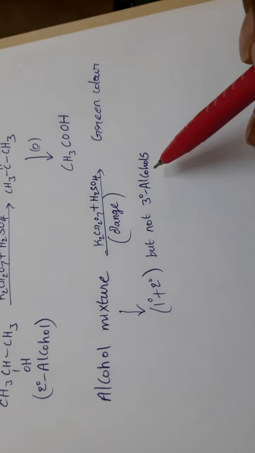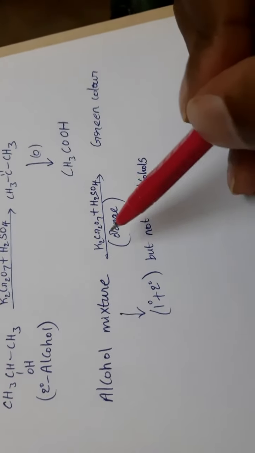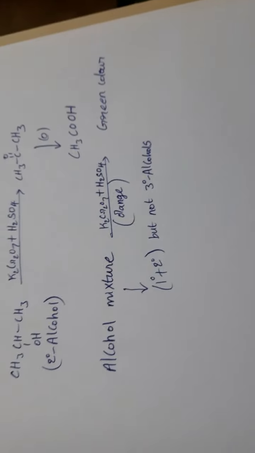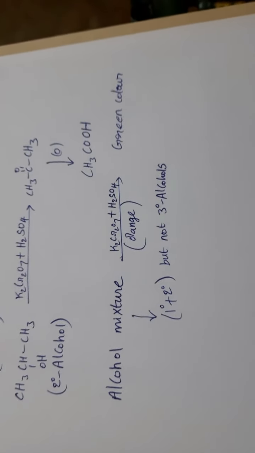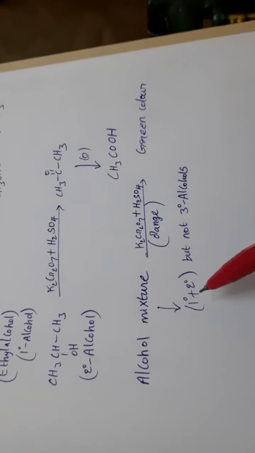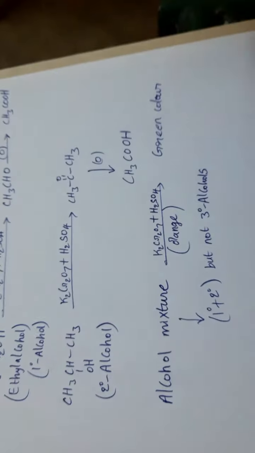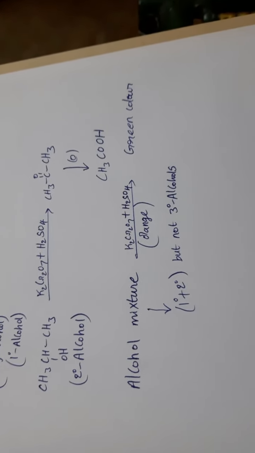It does not contain tertiary alcohol, because tertiary alcohol does not react with this reagent. That's why only primary and secondary alcohols are present in the given mixture. And to distinguish primary and secondary alcohols, this reagent is not suitable. For that purpose, other reagents are there.